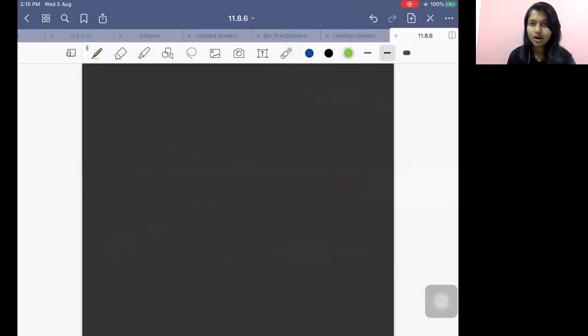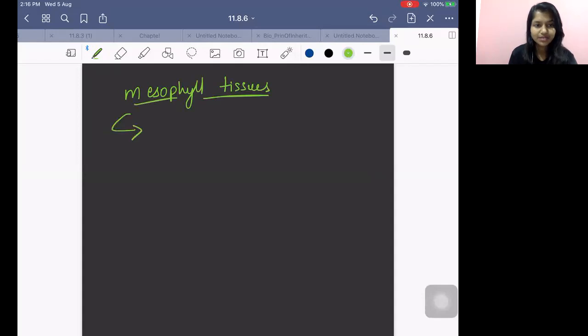So leaf is the organ. It has tissues called mesophyll tissues. Obviously, mesophyll tissues are made up of cells. Which cells? Mesophyll cells.